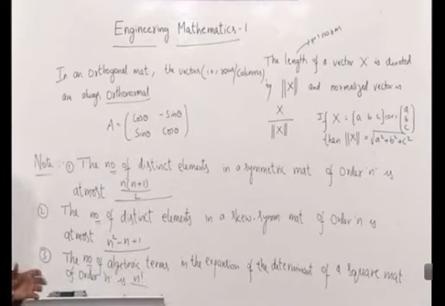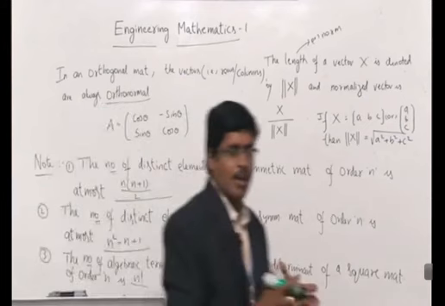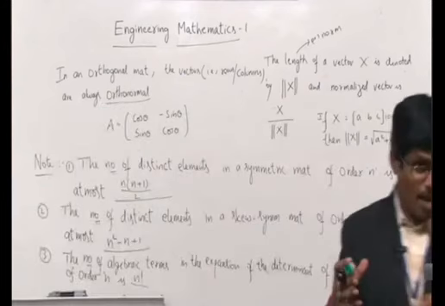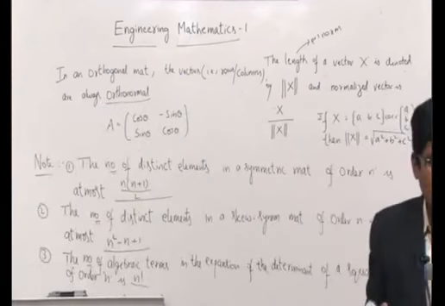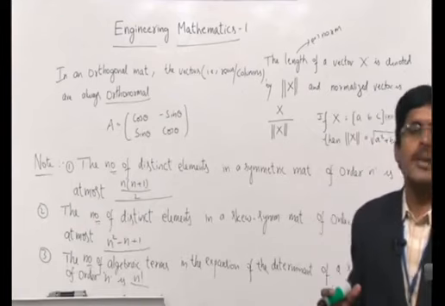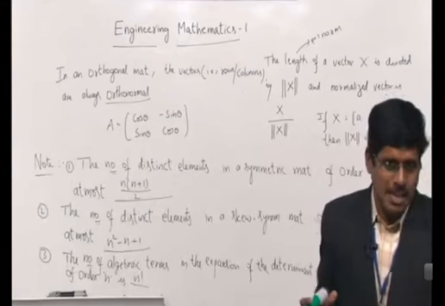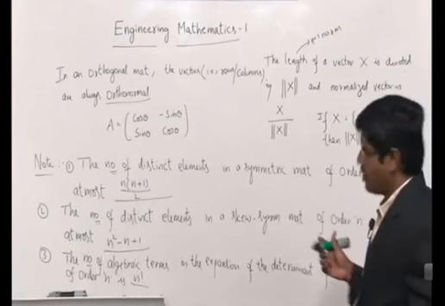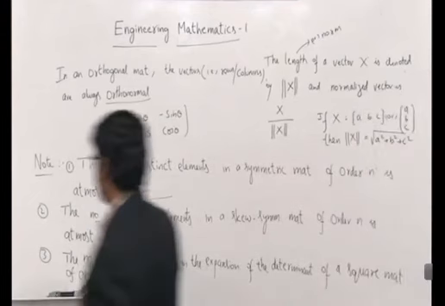That is, while expanding a 2 by 2 determinant, how many terms are there before the last step of simplifying? 2 factorial. For a 3 by 3 matrix, you will get 6 terms, that is 3 factorial. Please check. Okay, or I will show you one example. Similarly, you check for a 3 by 3 matrix.